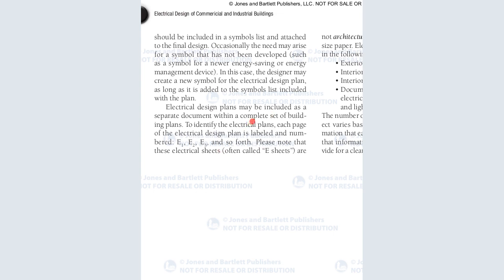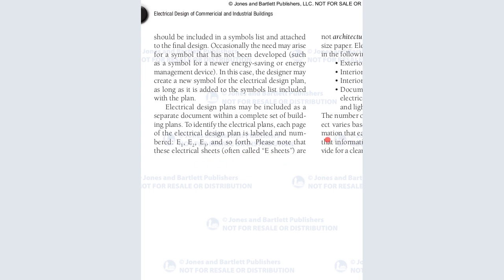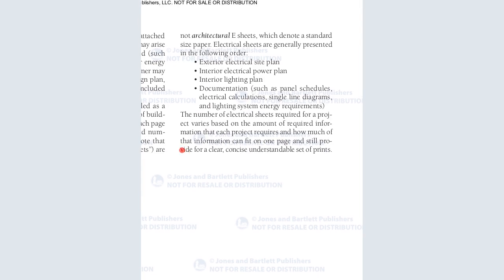Also, the electrical design plans may be included in a separate document within the complete set of building plans. To identify the electrical plans, each page of the electrical design plan is labeled with a number, maybe electrical plan 1, plan 2, plan 3, and so forth, depending on the sheets.